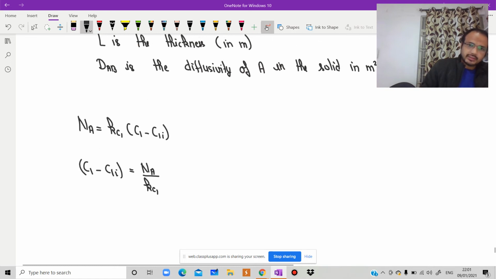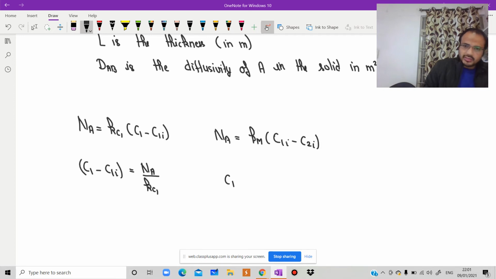Second one, we have NA is equal to PM into (C1I minus C2I). From here we can write C1I minus C2I is equal to NA divided by PM.